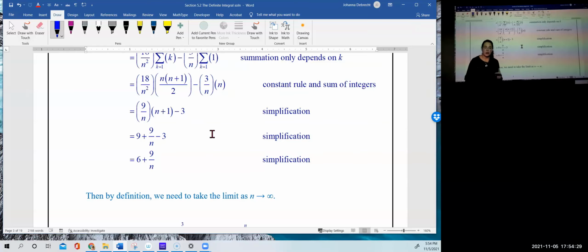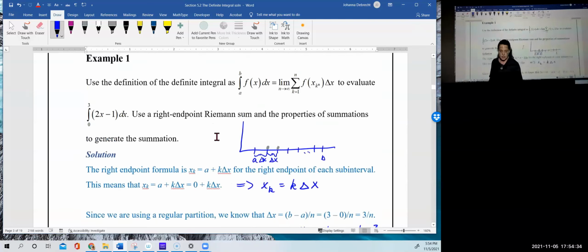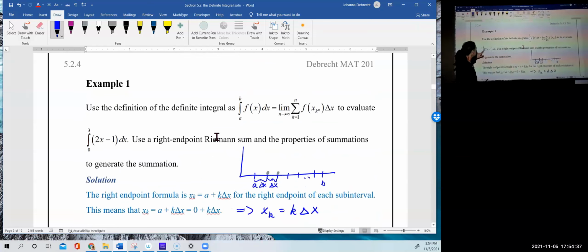By definition of what the definite integral is, since we are trying to compute the integral from 0 to 3 of 2x minus 1 dx using the definition, the definition is the limit of the Riemann sum. So we let the number of rectangles, the number of partitions, the number of little widths we cut it into go to infinity. The more we use, the more accurate it is. And so now we need to take the limit of the Riemann sum that we found.